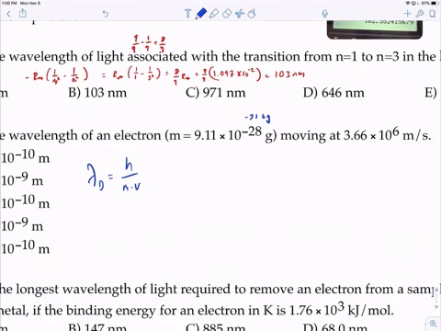So h, 6.626 times 10 to the minus 34 joule seconds, divided by 9.11 times 10 to the minus 31 kilograms, times 3.66 times 10 to the 6 meters per second.